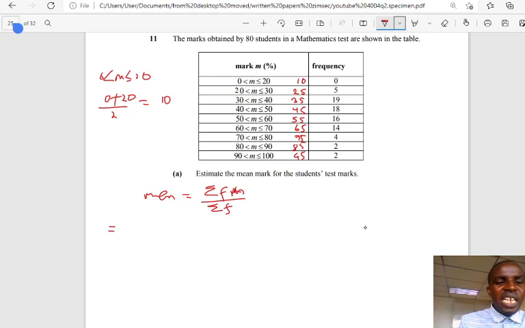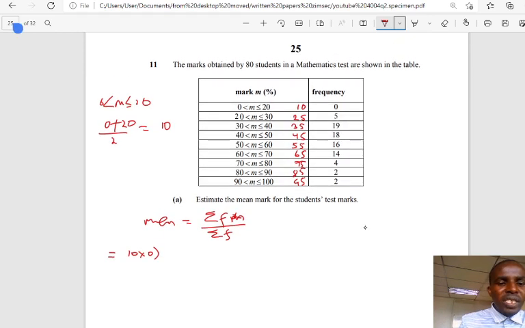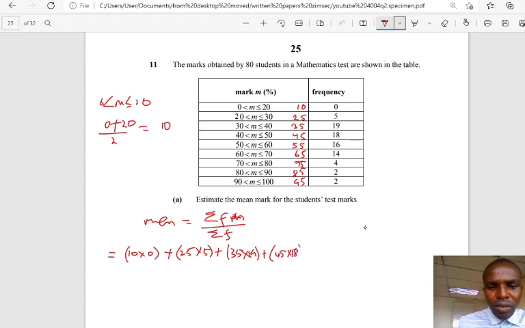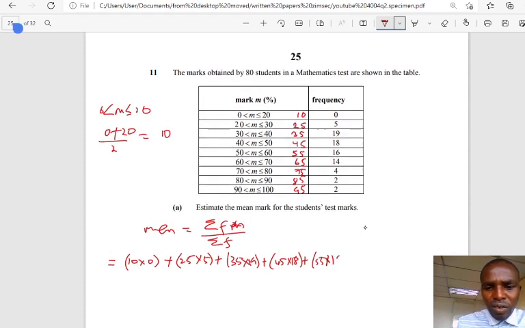So you say 10, the midpoint, times the frequency, which is 0, plus 25 times 5, midpoint times frequency, plus another midpoint, 35 times 19, plus 45 times 18, plus another one, 55 times 16, plus 65 times 14, plus 75 times 4, plus 85 by 2, plus 95 by 2, over total frequency.